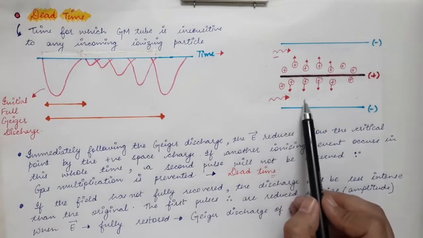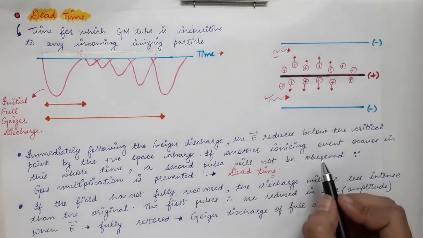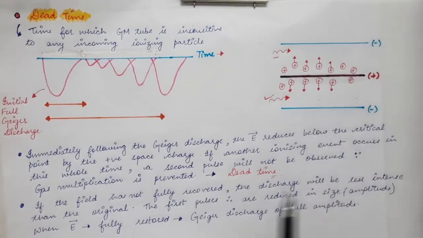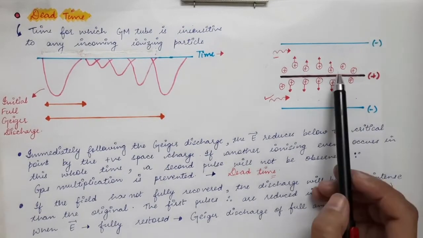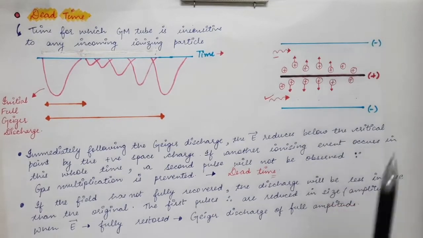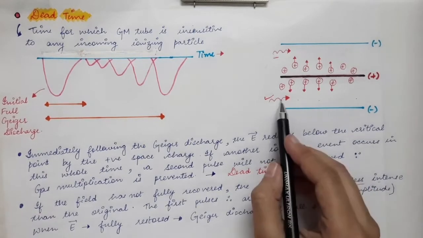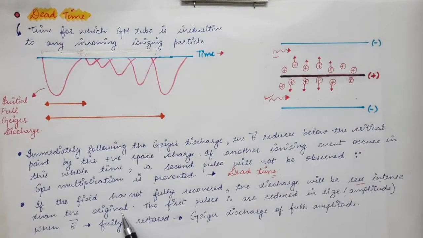There will be a discharge due to this second ionizing particle, but it will be of lesser amplitude because the electric field has not reached its maximum value. The discharge will occur due to the second incoming particle, but it will be less intense than the original one.